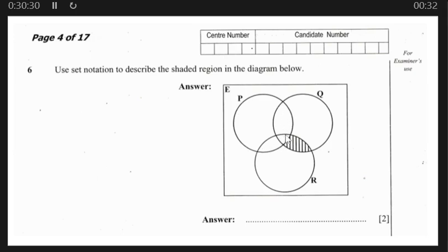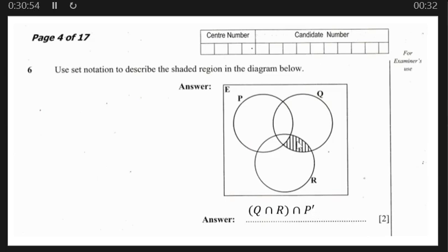So meaning excluding. So the answer in short is Q intersection R, in brackets, intersection P complement. So P complement, those members that are found in set P, they are not shaded, meaning they are not part and parcel. That's what complement means here, excluded.